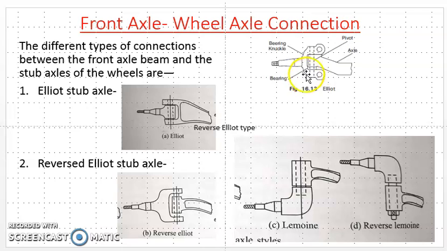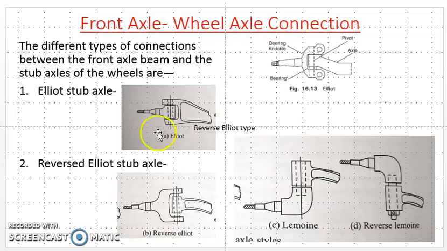Here a part is shown, there is a bearing, this is a pivot and this is a bending knuckle and this is the axle. Okay, this type of arrangement is called the Elliot stub axle.